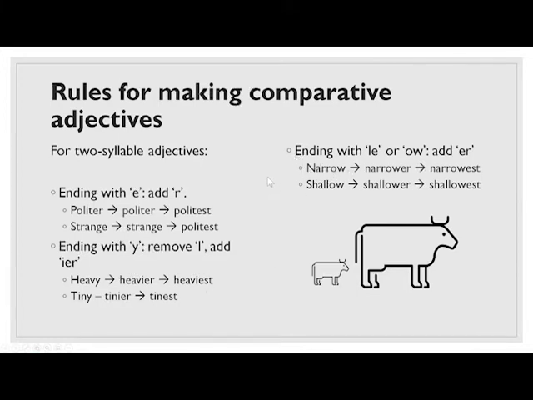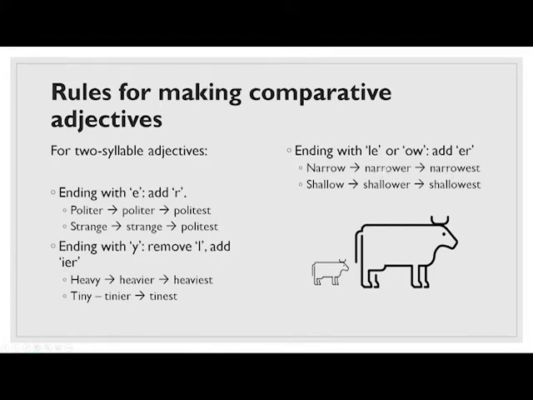And another rule for making comparative adjectives is when the adjective ends with le or ow, we just add er at the end. For example, narrow. Narrow ends with ow, so we add er at the end, which becomes narrower, and we add est at the end to become superlative, so it's narrowest.